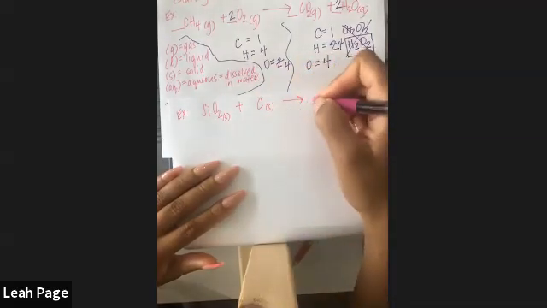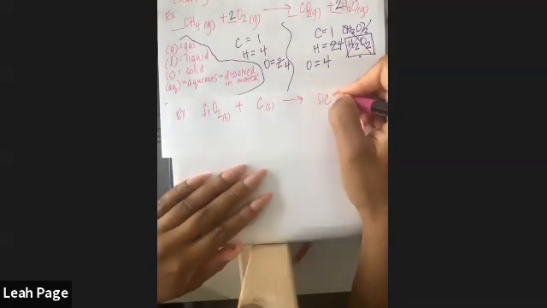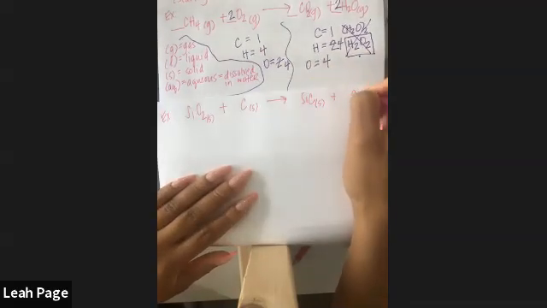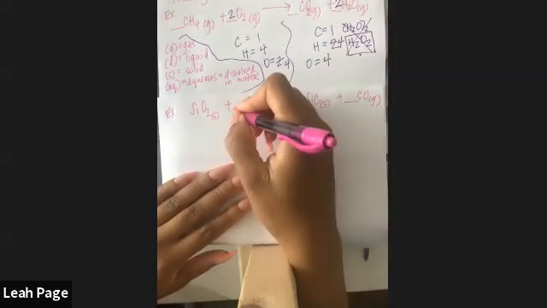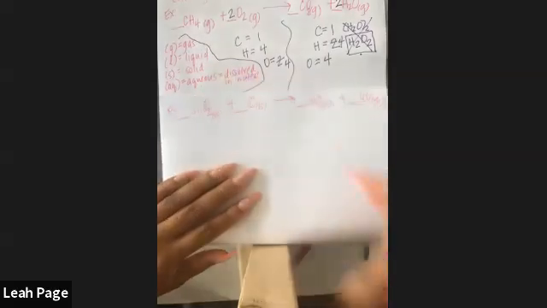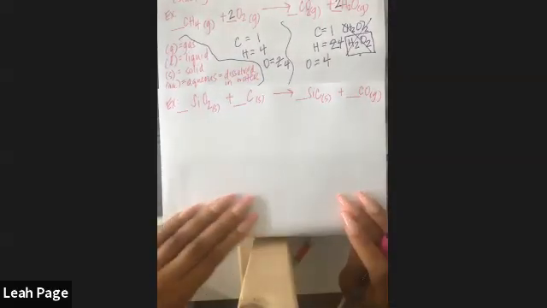Reacts to form silicon carbide plus carbon monoxide, which is a gas. Let's see if you guys can balance this equation properly, and then we'll go over the answers. So spend a second and try to balance this one.